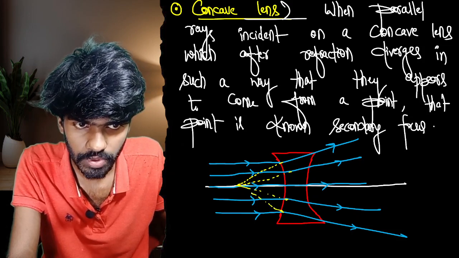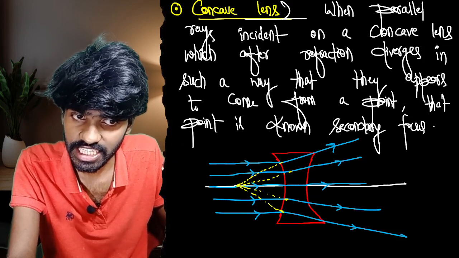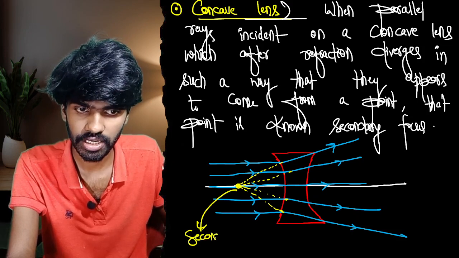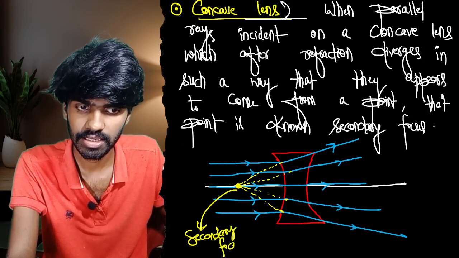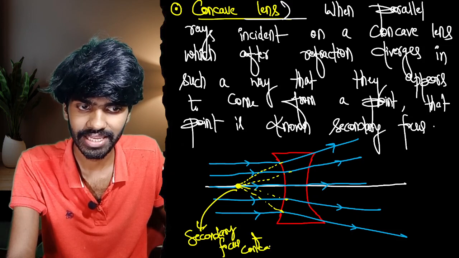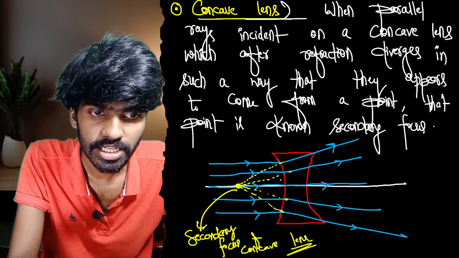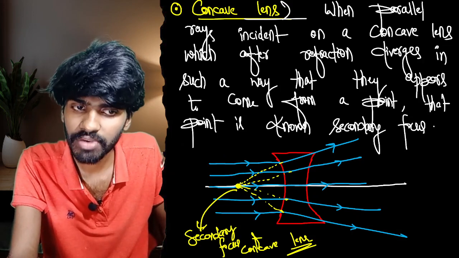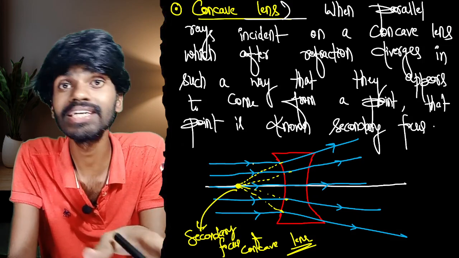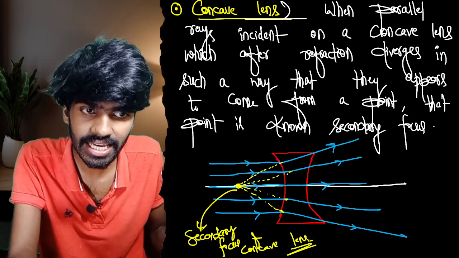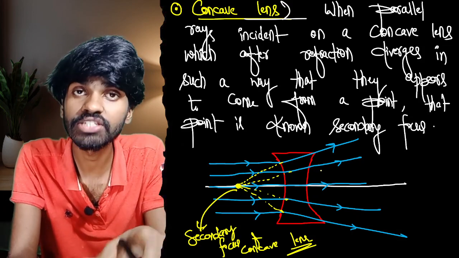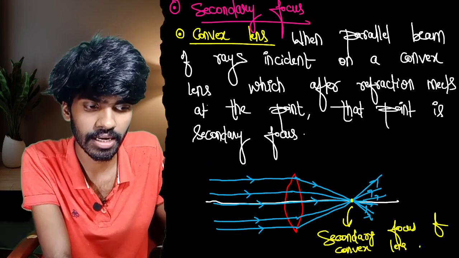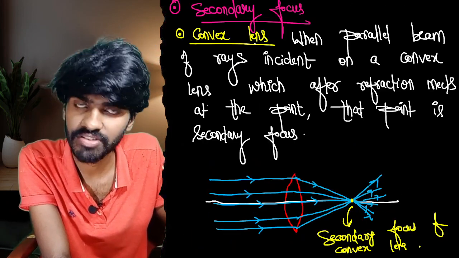So this point exactly is known as the secondary focus of the concave lens. Okay, so this is all about secondary focus. These rays are not actually coming from this point. They just appear to come from that point, because the lens is placed over here, so the lens will diverge this parallel beam. Okay, so this is all about the secondary focus of convex and concave lens.